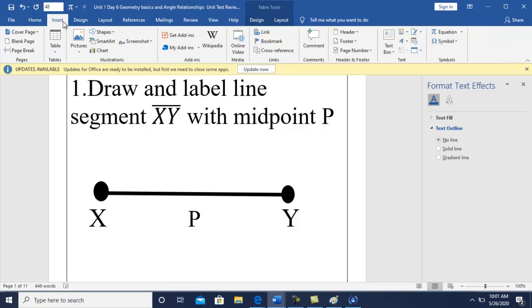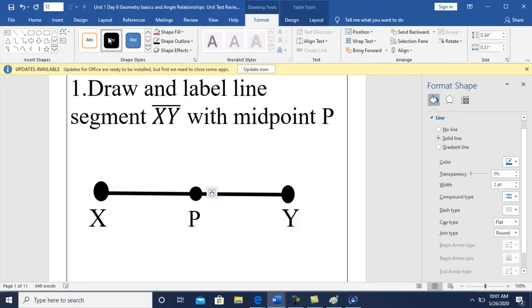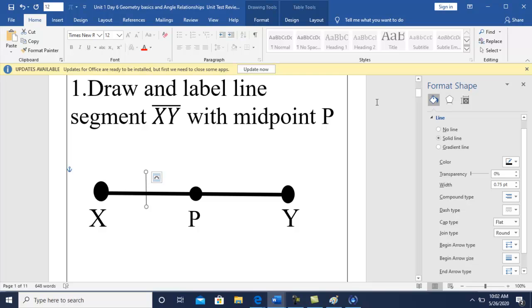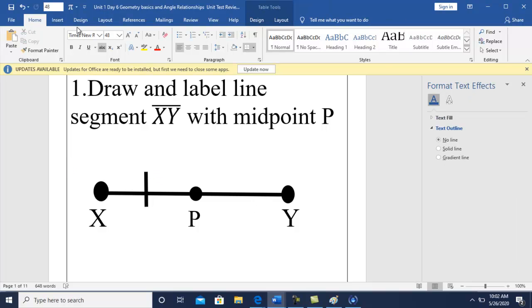So when we draw a midpoint, there's our point there. Now with that, we have to draw a tick mark on the left side, and we're going to make that bigger. And then we have to do a tick mark on the other side.